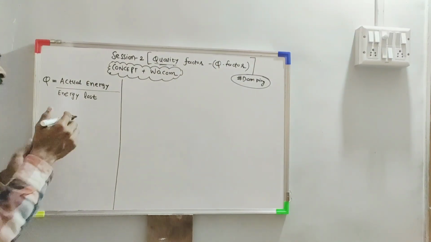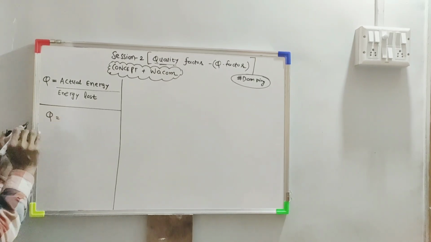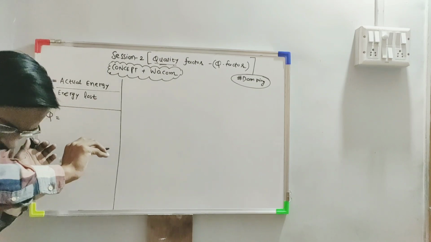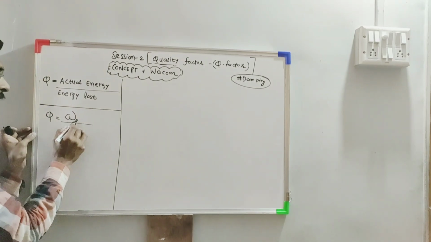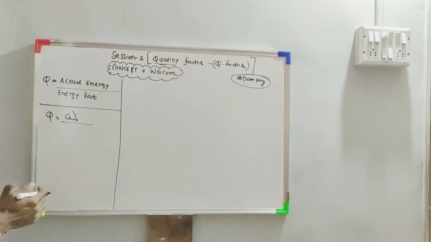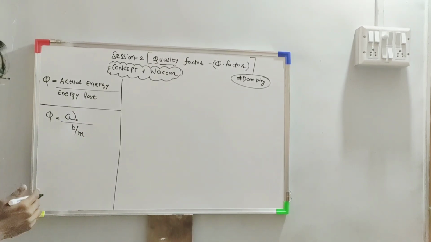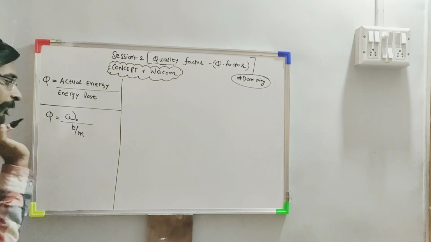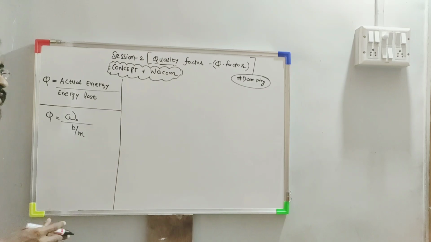Quality factor can also be written mathematically as the natural angular frequency divided by the damping coefficient, which is B by M. Now what is B, what is M? We have discussed this already while deriving the mechanical damping.